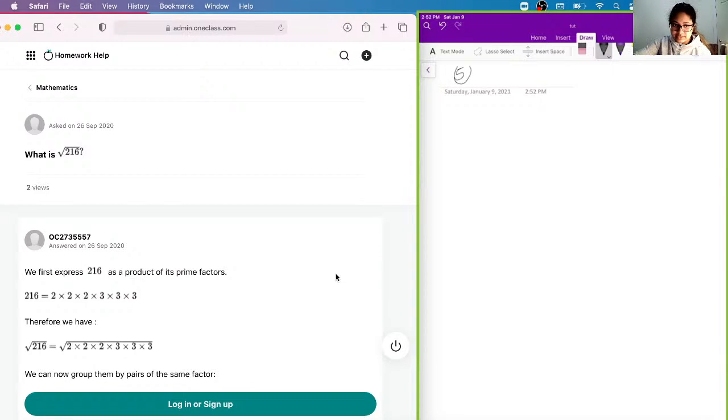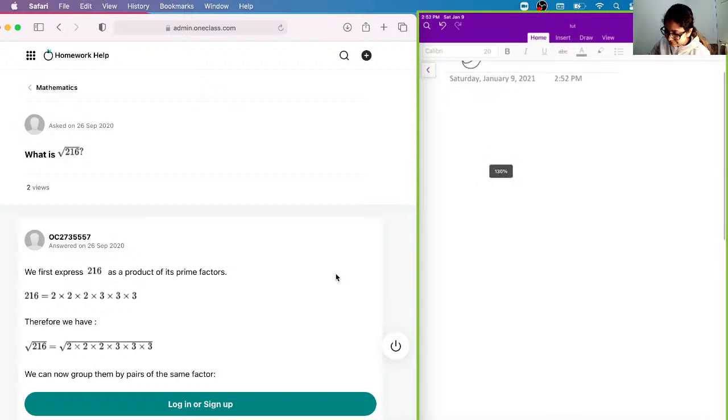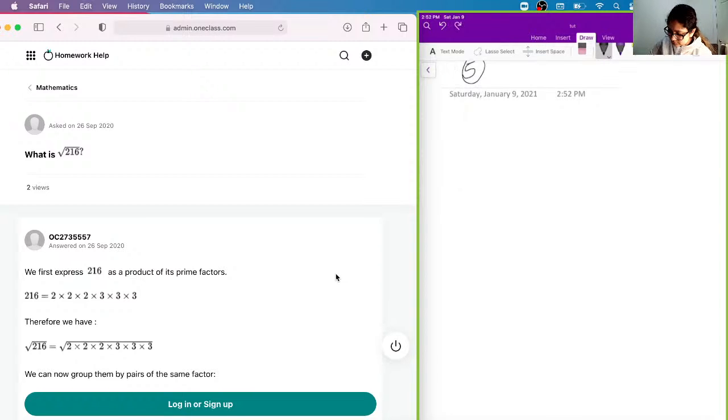And next question says, what is the square root of 216? So let's say the square root of 216.